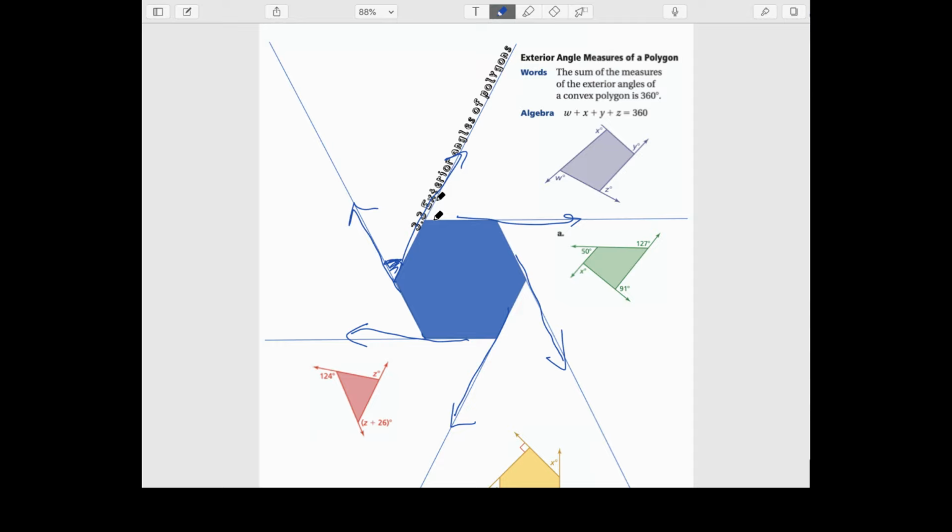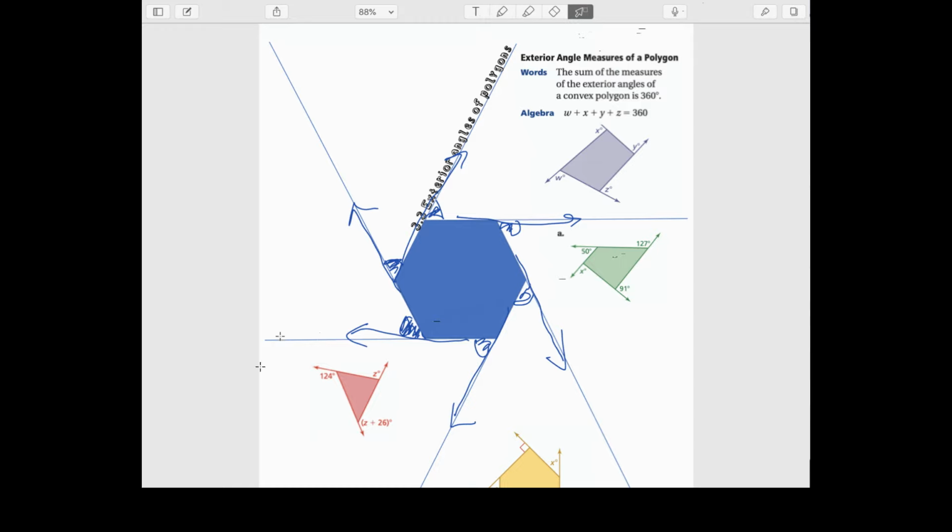So here's 1, 2, 3, 4, 5, 6 exterior angles that are formed, which makes sense because there are 6 sides and 6 vertices. So what is the sum of those exterior angles? That is what we're dealing with today.